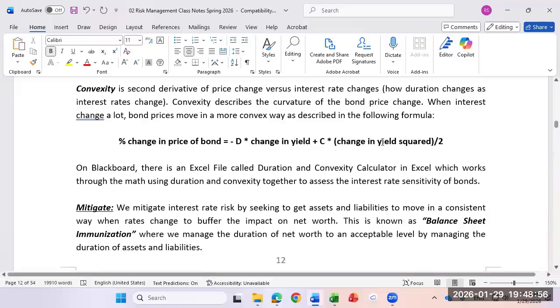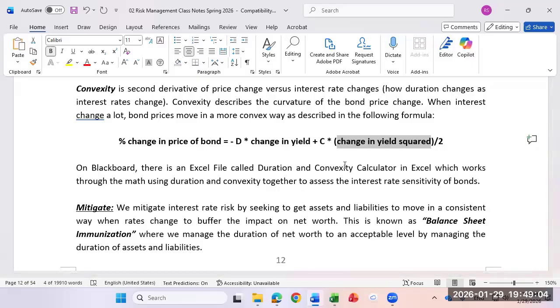What this tells you is because this is squared, when you square a small number, you get a really small number. What that means is convexity really doesn't matter unless interest rates change a bunch. They've got to move a lot. If they don't move a lot, you hardly notice convexity.